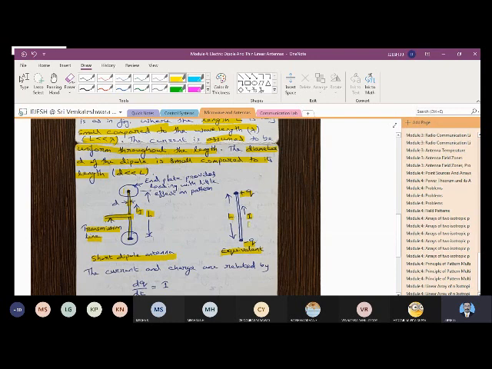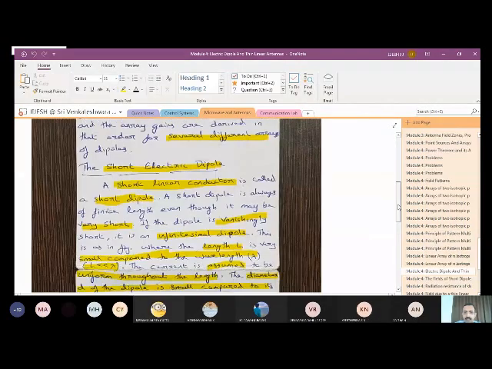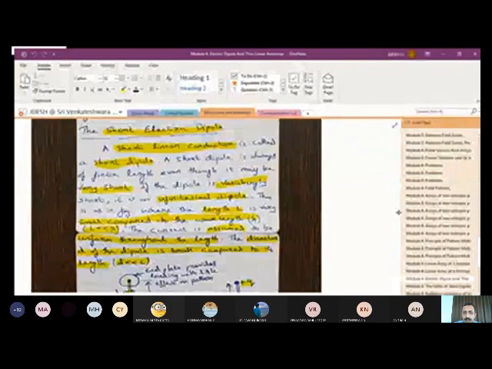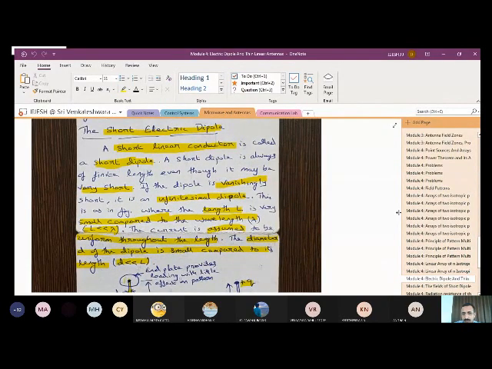L is the length of the antenna, and the current and charge are related as dq by dt equal to I. We know this equation. For the short electric dipole, there are a few conditions which you have to understand. All the derivations we are going to see here will be on the short electric dipole and its radiation resistance and related things.